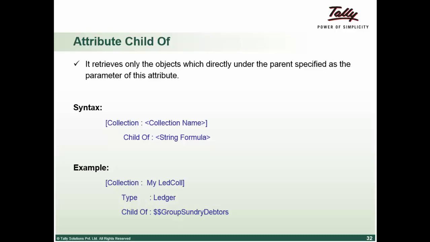But when you give the text sundry debtors, it is actually matching the text, which fails. So it is better to use functions. Similarly, for group sundry debtors, we have for group sundry creditors, we have for group bank, we have for group cash, we have for every kind of group a function. So even if your customer changes the name of the group, your code will not fail.